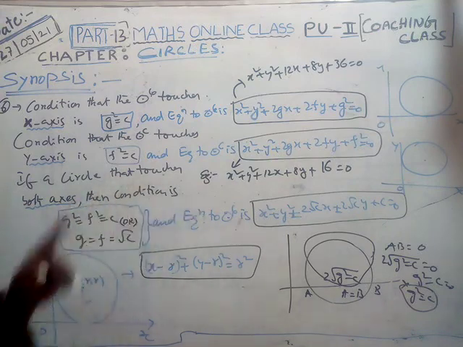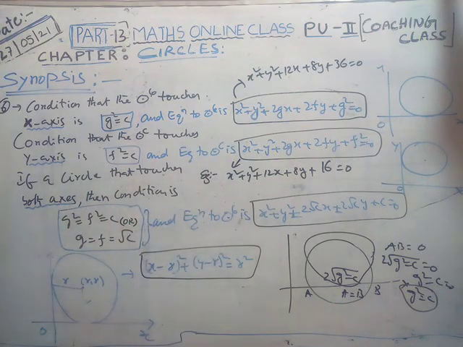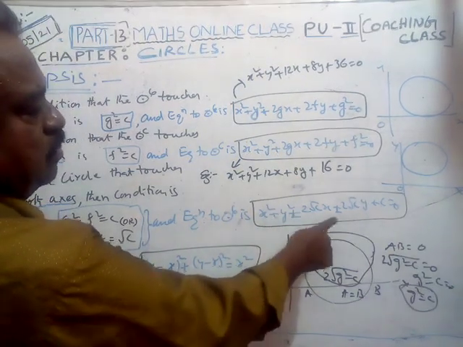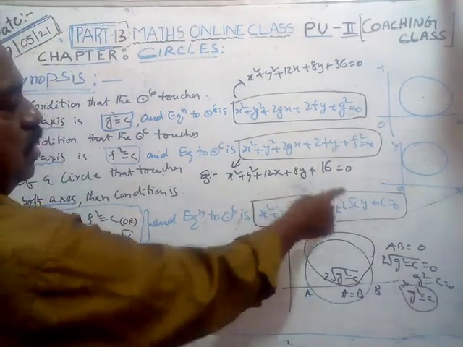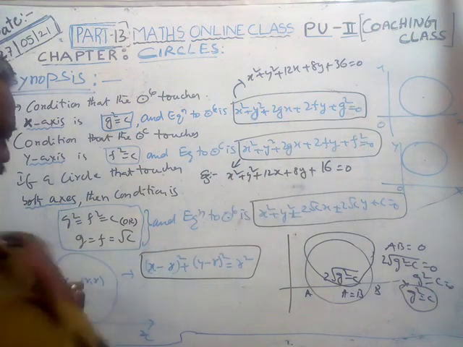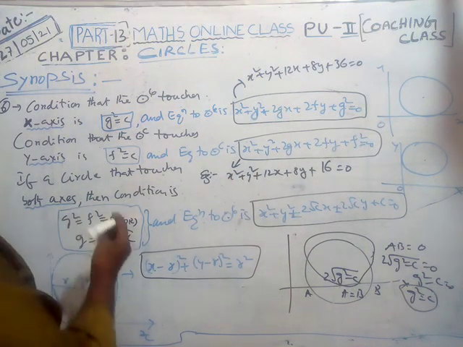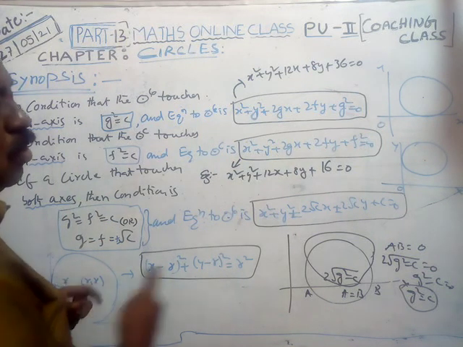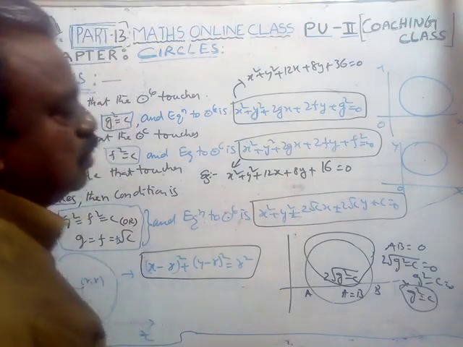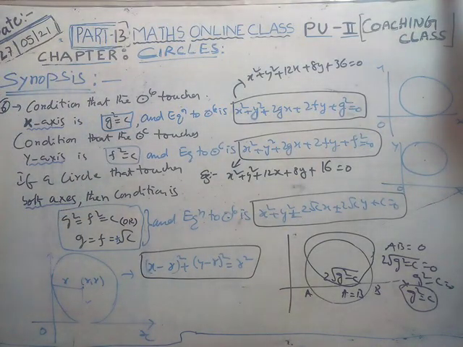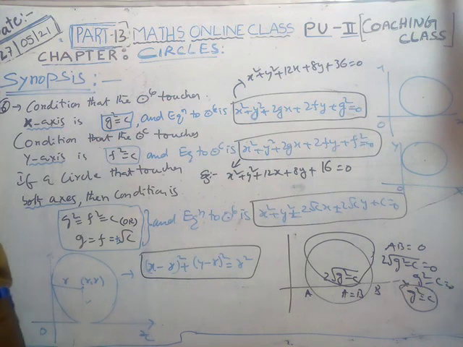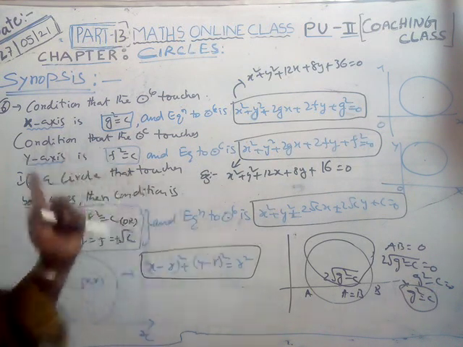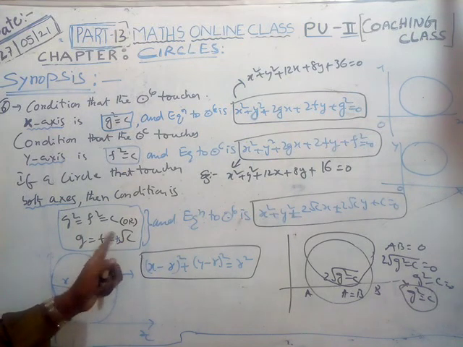So its equation is x square plus y square plus 2 root c x plus 2 root c y plus c is equal to 0, because g and f are root c. Actually it is plus or minus, because g square is c means g is plus or minus root c. So we get plus or minus 2 root c x plus or minus 2 root c y plus c is equal to 0. C is as it is; the g and f are interchanged in terms of root c.